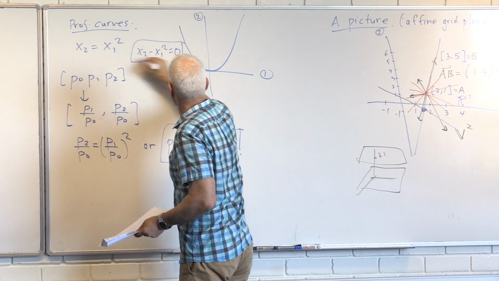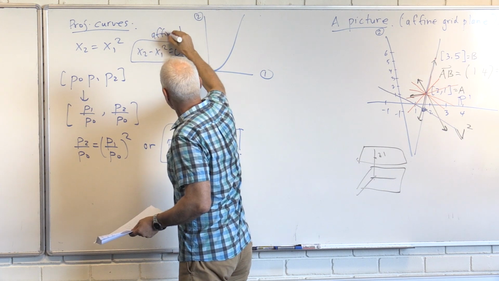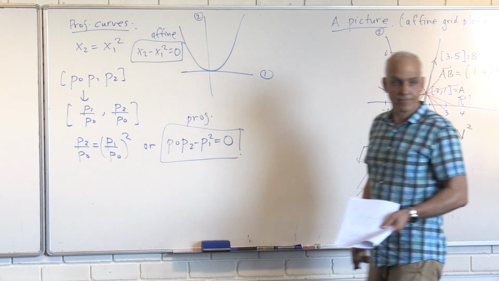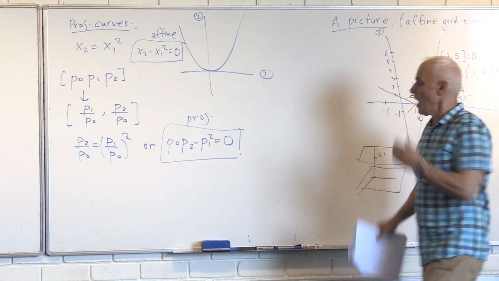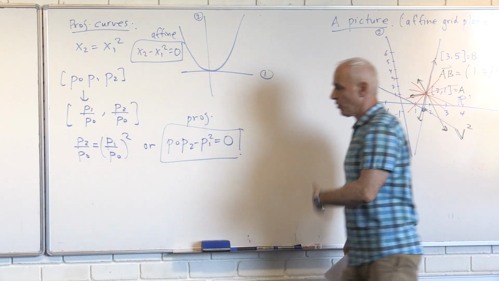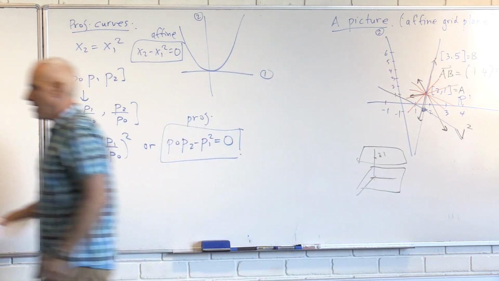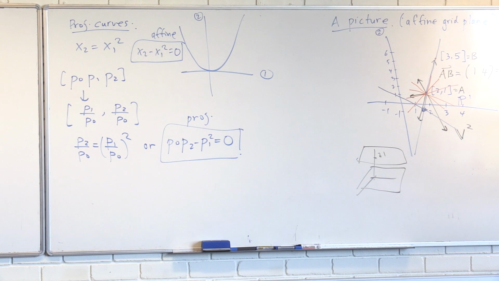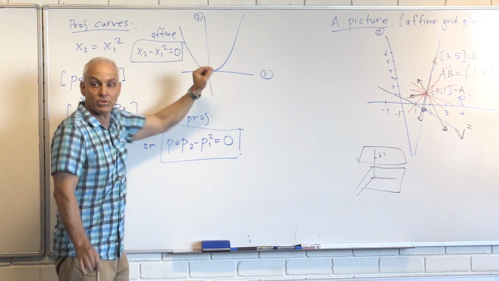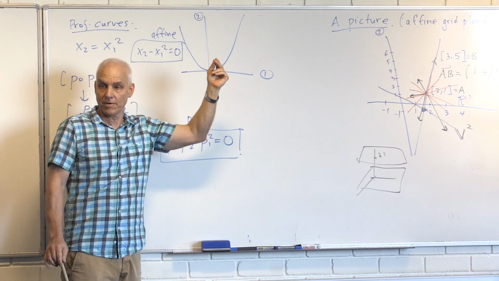That's the affine curve, and here's the corresponding projective curve. It's in 3 dimensions, and it's homogeneous. This one is not homogeneous, this one is homogeneous, so it really represents a cone. From this geometrical point of view that I'm advocating, you think of the origin of this 3-dimensional space as being out here somewhere, right in front of you.